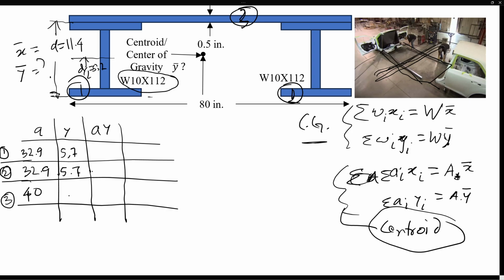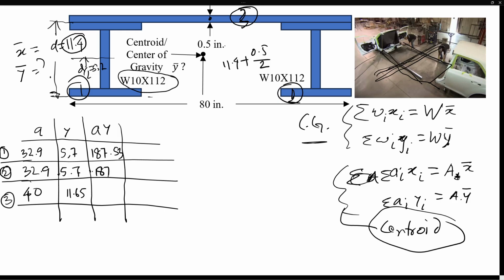For the half-inch thick sheet, it is 11.4, the height of the wide flange beam, plus 0.5 by 2. If we do that, I found 11.65.